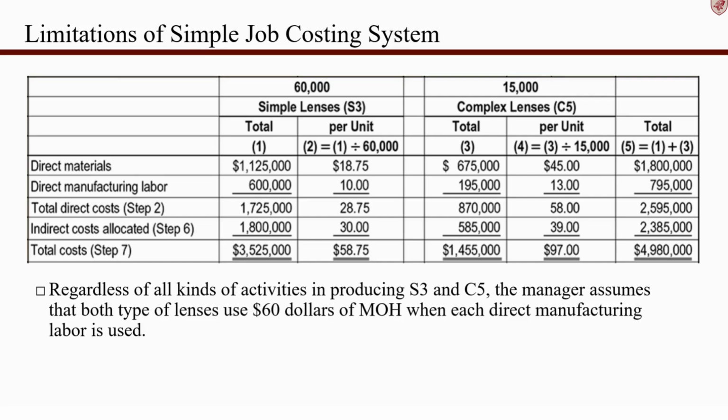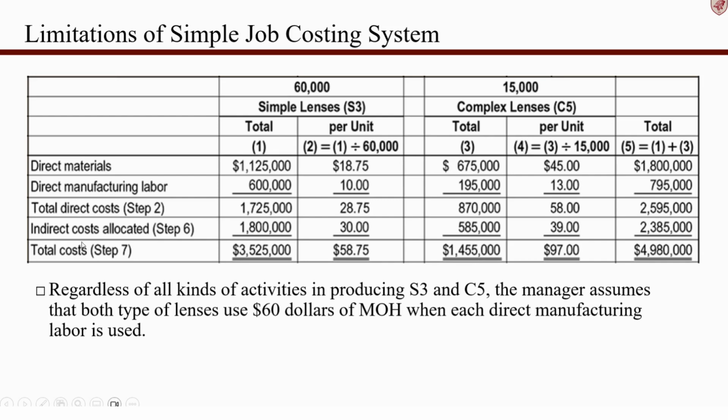All right, so let's say that 60,000 units of simple lenses are manufactured and 15,000 units of complex lenses are manufactured. As said earlier, in step one and step two, where they trace the direct material and direct manufacturing labor, this is what each lens is consuming and absorbing.